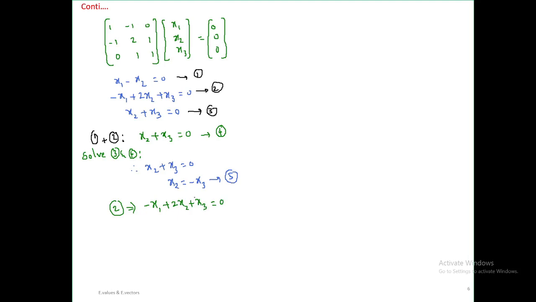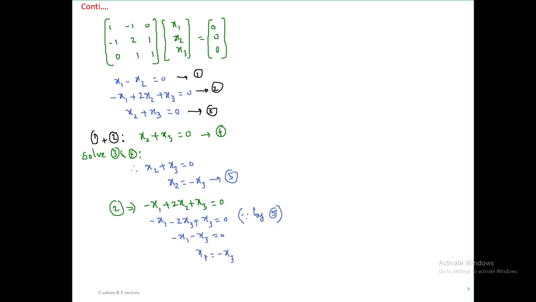From this, x2 value is minus x3, so let us plug it back. Minus x1, minus 2x3, plus x3 equal to 0, by using equation number 5. If you don't want to do all these things, just apply the Gauss-Jordan elimination technique, your wish. So now this is minus x1 minus x3 equal to 0. From this again, what is x1 now? x1 is nothing but minus x3.